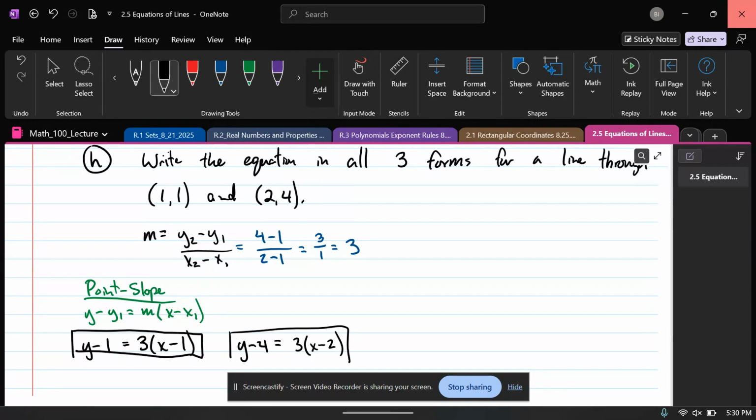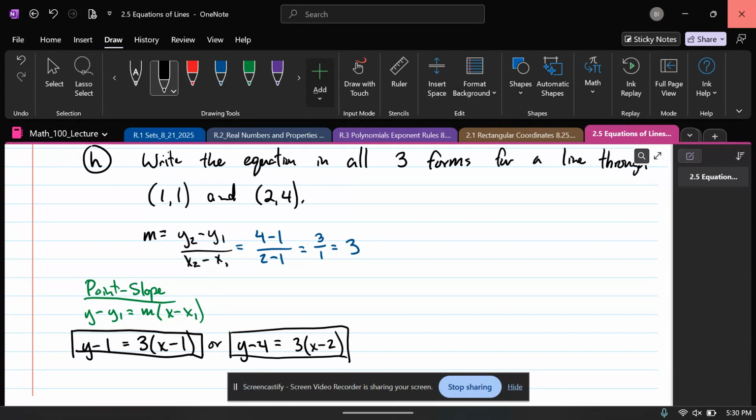Both of those are correct for point slope form. I don't care which one you use. You got that 3 and then the x minus 2, and then you got the y minus 4 over there. You have to have that to be point slope form. Either one of those. You don't have to do both. When you do this for practice, just do one of them.